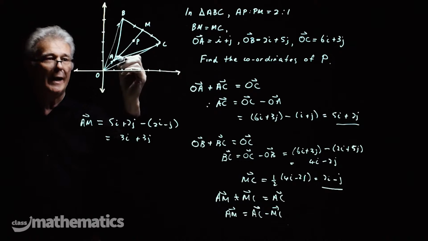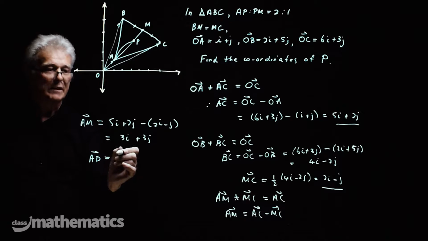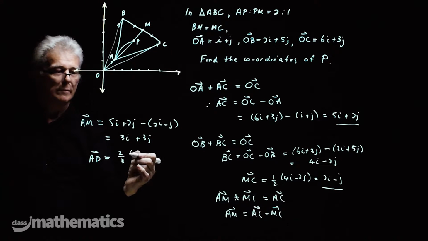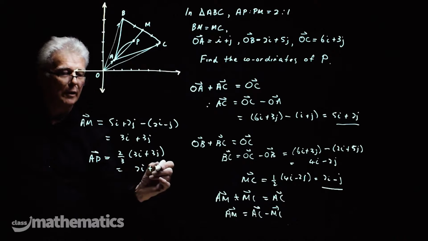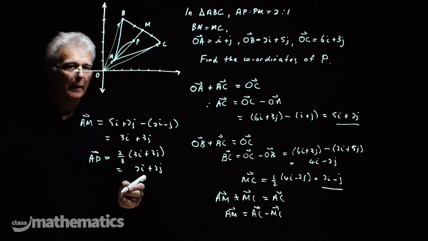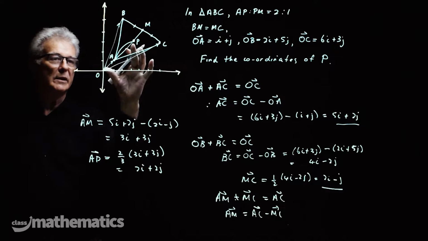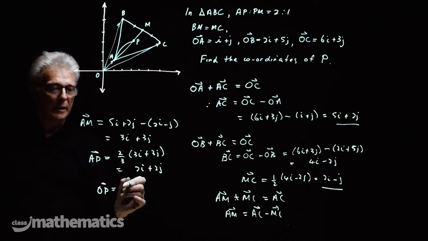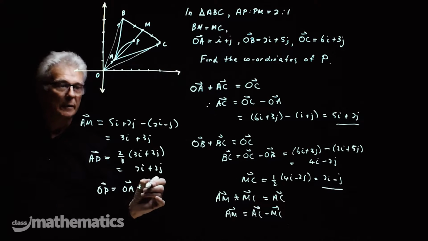So it's AM. It's now AP. So AP must be 2/3 of AM, which gives me 2i plus 2j. But we need to know what OP is, and we can see that OP must be equal to OA plus AP.